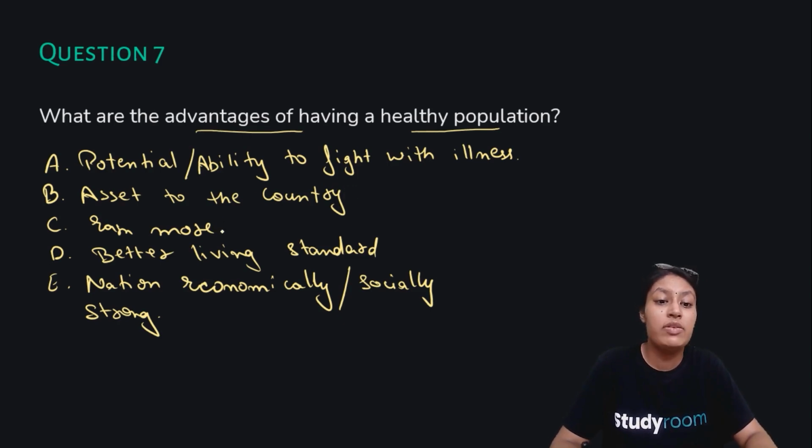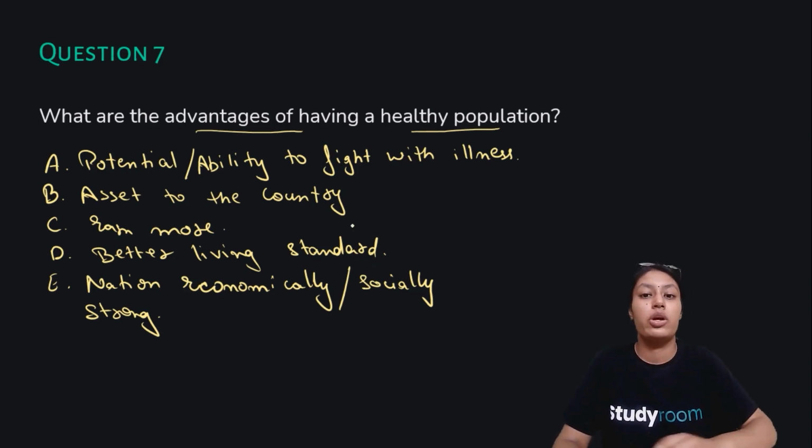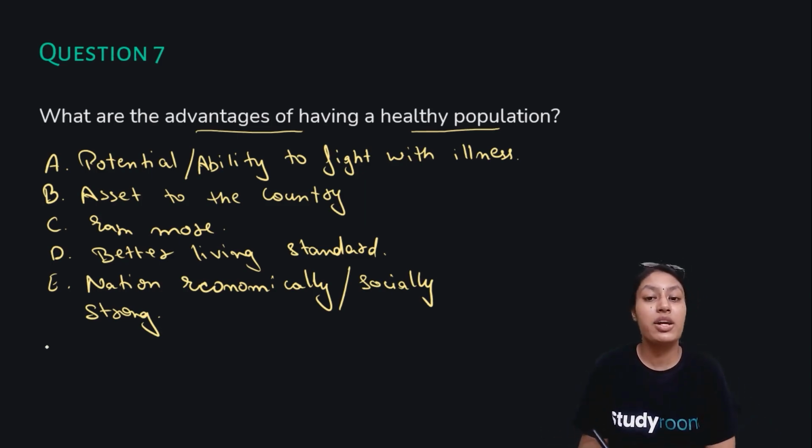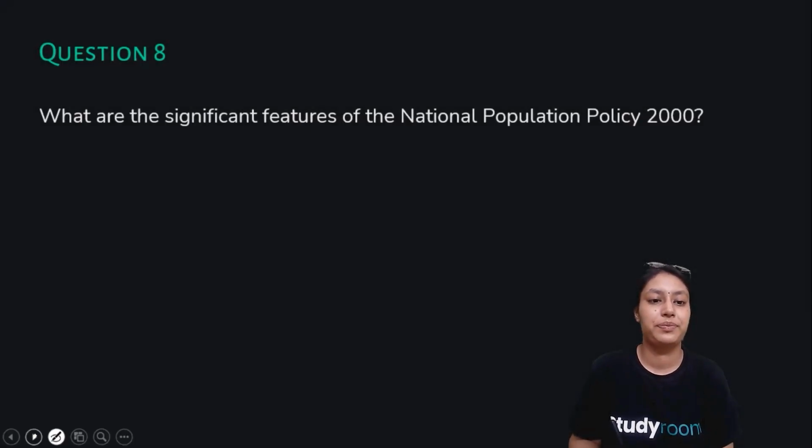If they are healthy, they will focus on their work and definitely earn more, and have a better living standard. So indirectly they will make a nation economically as well as socially very, very strong. So these are a few advantages of a healthy population.